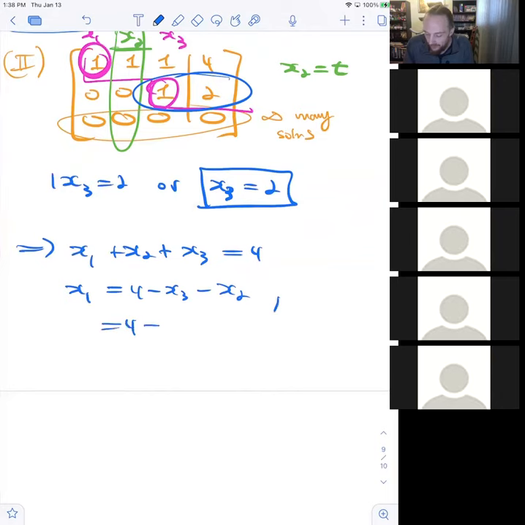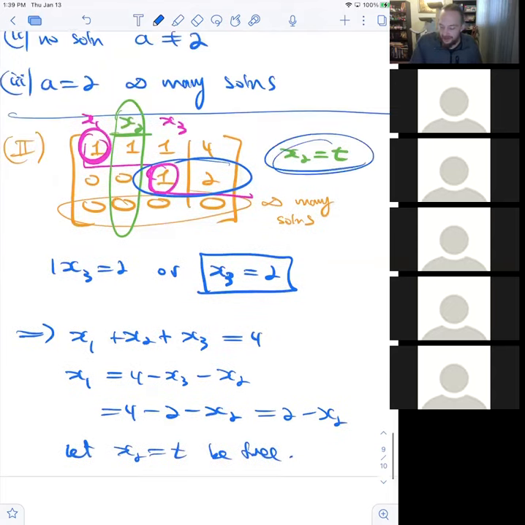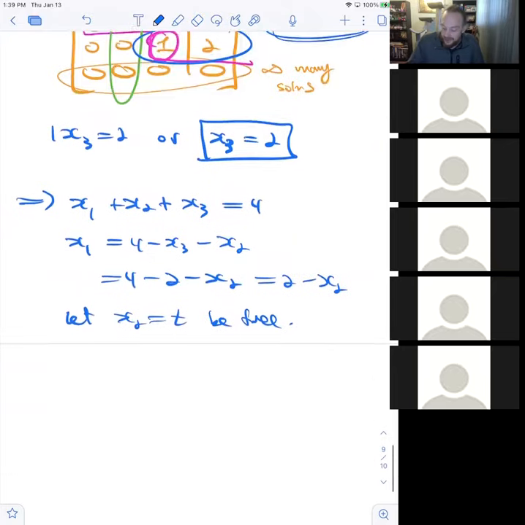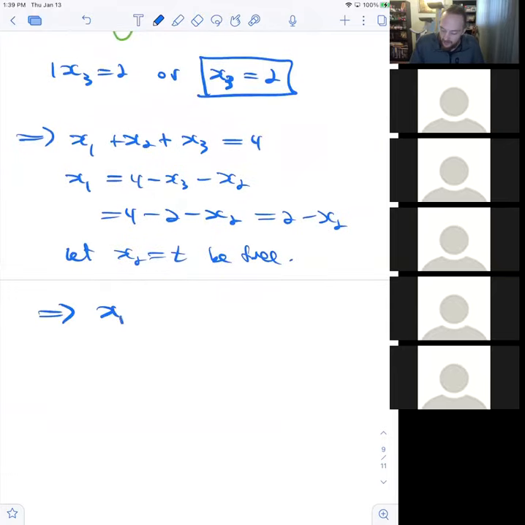This is 4 minus 2 minus x2, which is 2 minus x2. So we let x2 equal t be free, which we already knew from here anyways. And then this says that x1 is equal to 2 minus t.